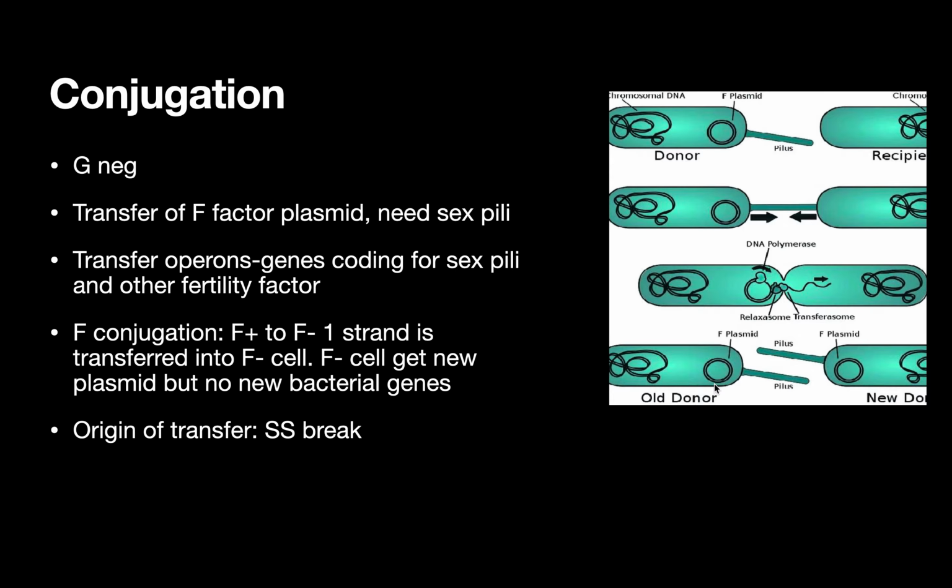So the old donor and the new donor, if they go through binary fission, they're going to have the F plasmids, but they're going to be F minus. Oh, I'm sorry, they're not going to have the plasmids. They're just going to be F minus. The genome will be replicated, but unless the pili form and conjugate with the daughter cells, that's how they get the F plasmid.